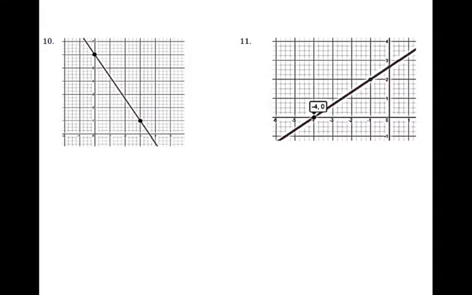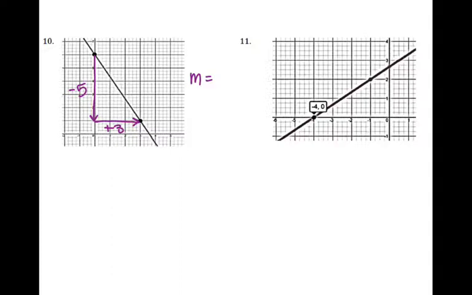Okay. Number 10. So I have a graph, so the first thing I want to do is find the slope given the graph. Now when you're given a graph, you want to do rise over run. So that is how you're going from one point to the next. So first I went down 1, 2, 3, 4, 5, and then to the right 1, 2, 3.